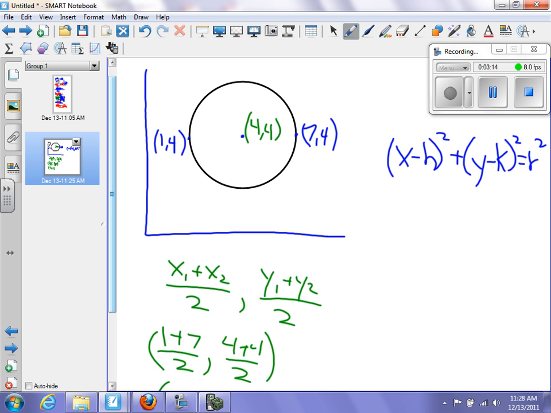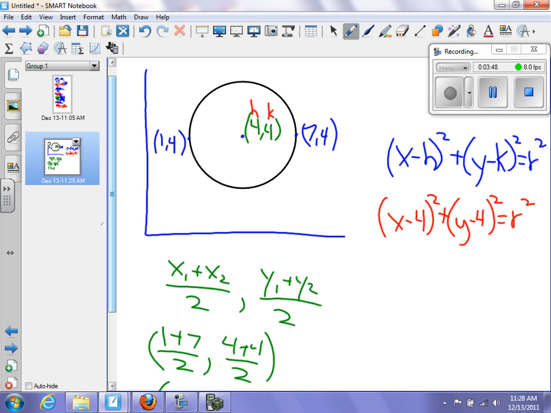So we're beginning to fill in our formula here. If I know the center is h, k, now I have x minus 4 squared plus y minus 4 squared is equal to r squared. Well, I could go through all the rigmarole to find my r by using the distance formula, but looking at something like this, I would just prefer to count.